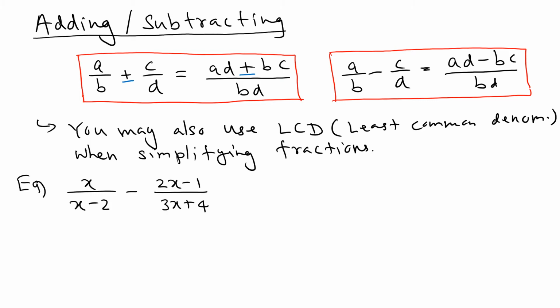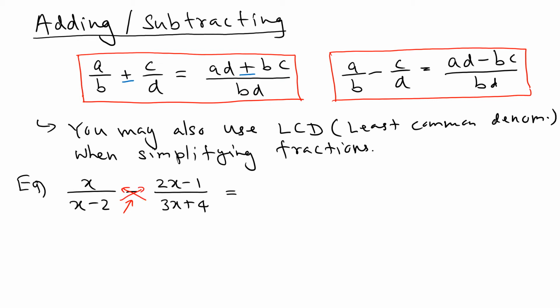So let's say we have x over x minus 2 minus 2x minus 1 divided by 3x plus 4. So this is a subtraction problem. So we can use the second version. What we're going to do is multiply like a cross. So we're going to multiply these two and multiply those two.